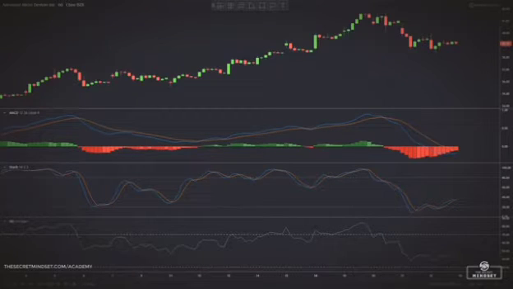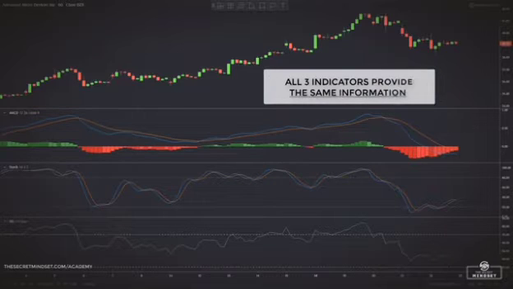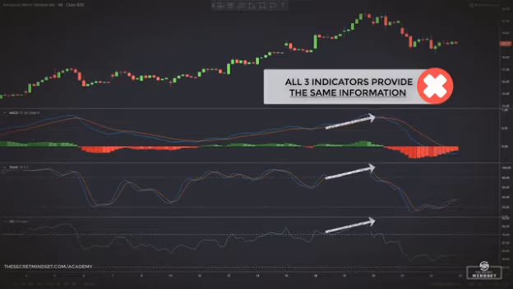If you take a look at this chart, we added 3 momentum indicators: the MACD, the RSI, and the stochastic. Essentially, all 3 indicators provide the same information because they examine momentum in price behavior. You can see that all indicators rise and fall at the same time, turn together, and also are flat during no momentum periods.